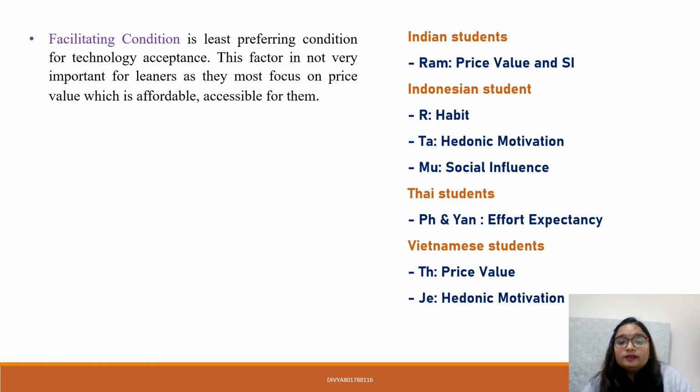So from there we can observe that for Indian students, price value and social influence are preferred conditions. For Indonesian students, habit, hedonic motivation, and social influence are preferred conditions, for Thai students it is effort expectancy, and for Vietnamese students the price value and hedonic motivation are the preferred conditions.